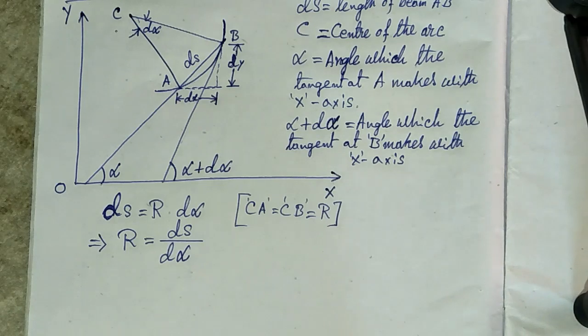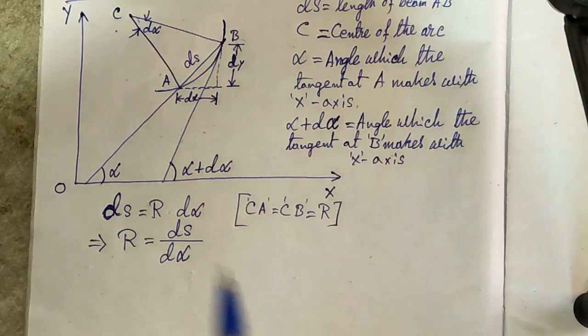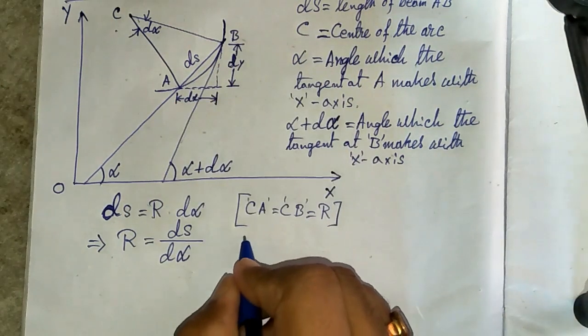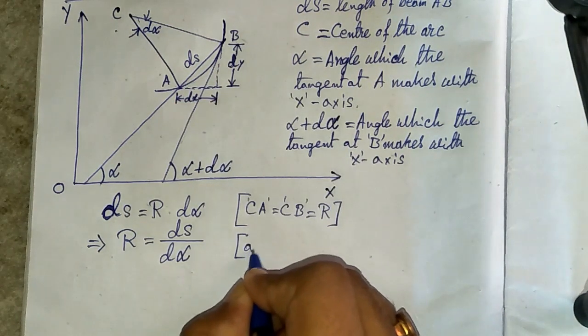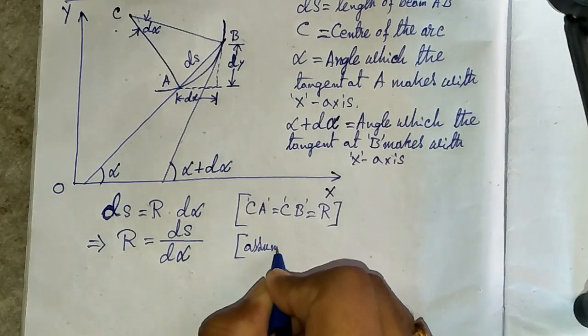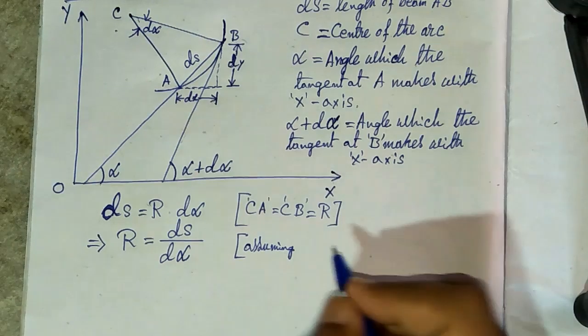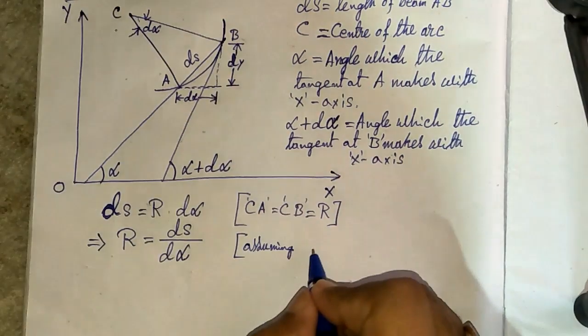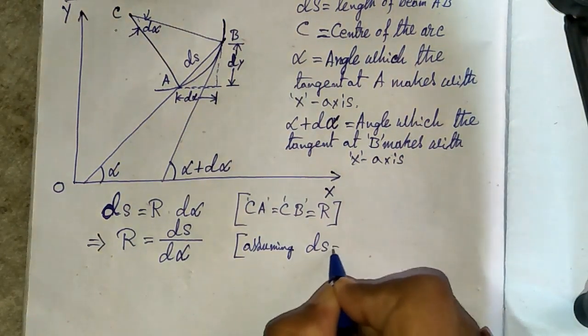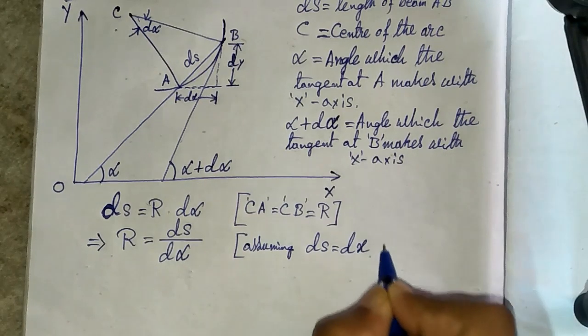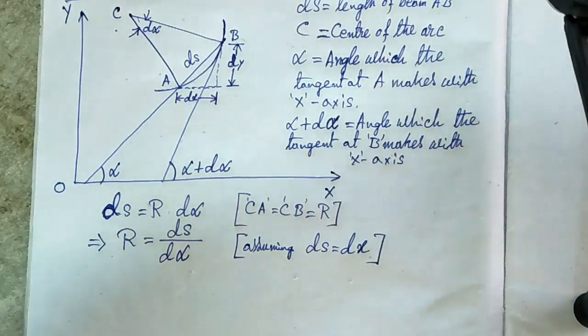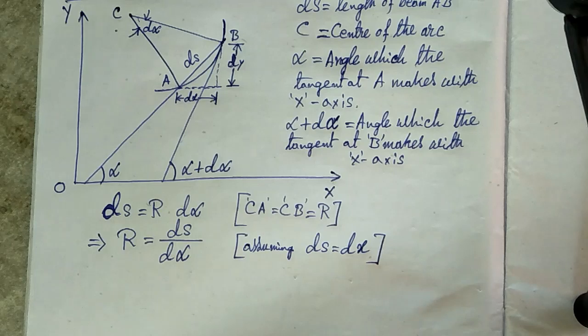Since the ds value is very small, that is the elementary length, we are going to assume ds equals dx.